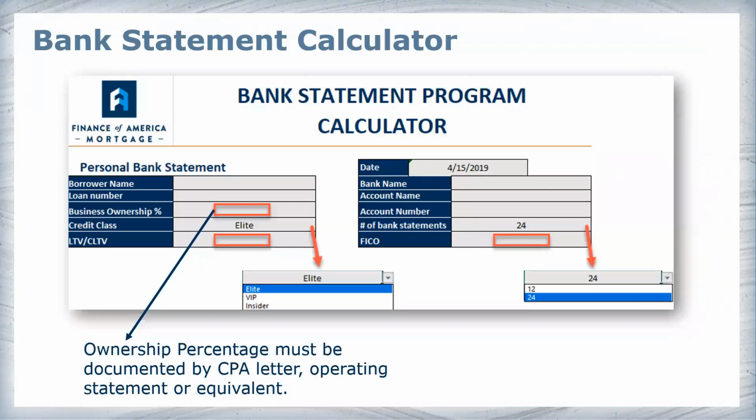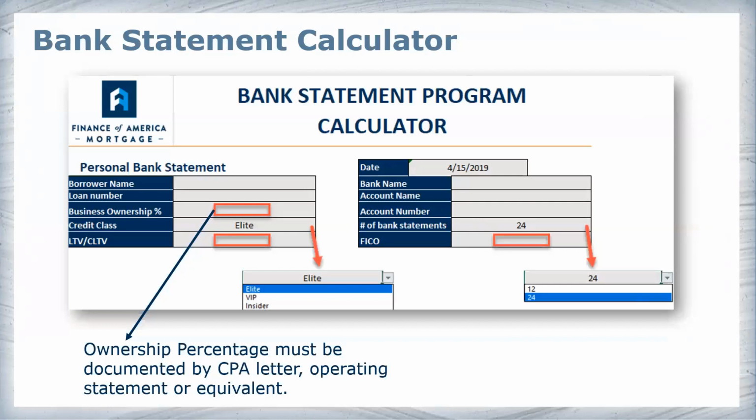1 is for personal bank statements, 3 businesses, 1 excluded deposits for each bank statement, and a payment shock residual income tab. The top half of the calculator is the same for both business and personal.